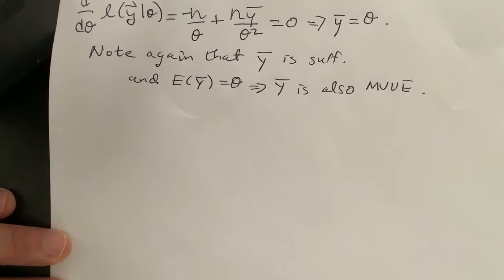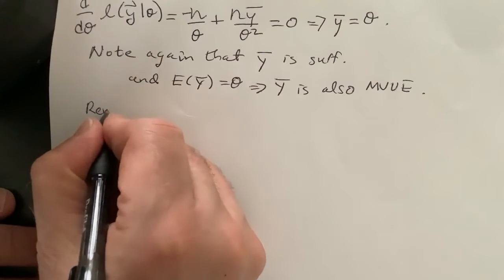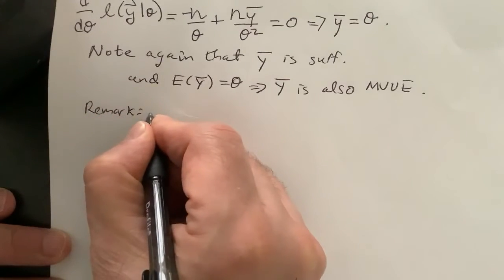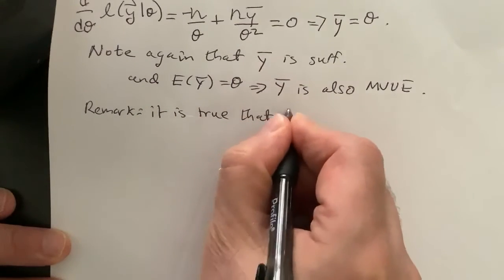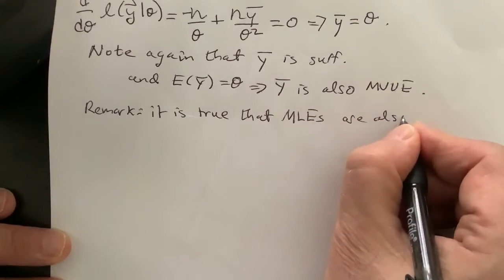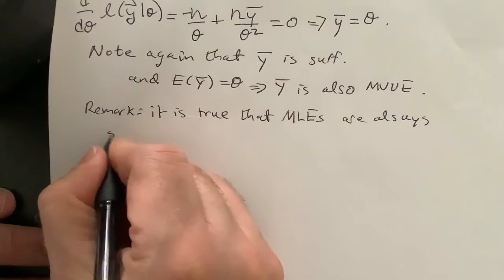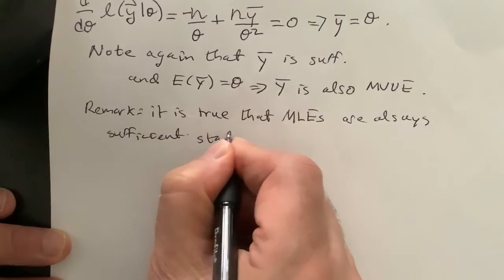You won't always get an unbiased estimator, but you will always get a sufficient statistic when you use the maximum likelihood method. So let's write this down. Remark: it is true that MLEs are always sufficient statistics.